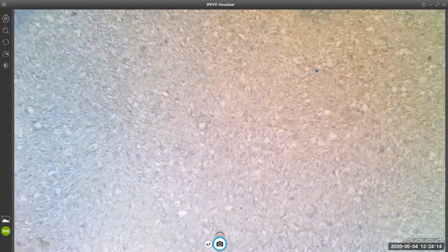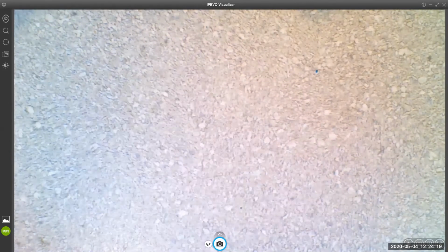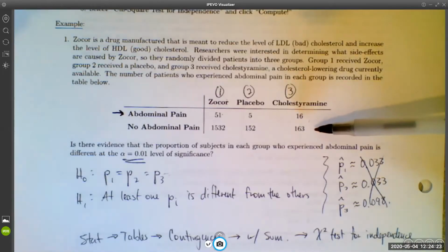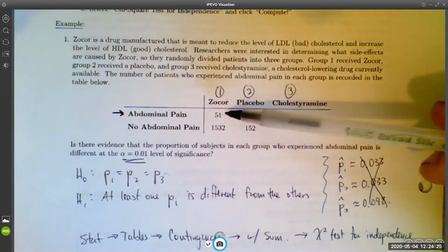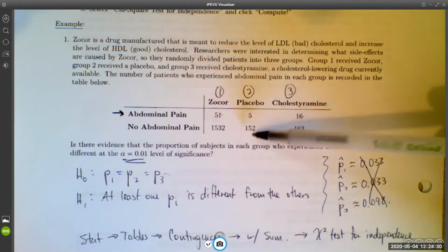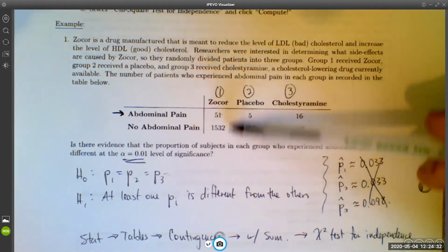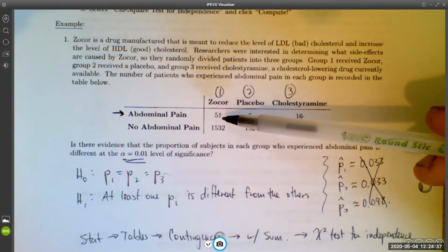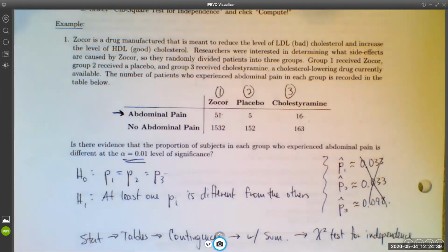So kind of like when we looked at the row percentages and column percentages, like on this problem right here, if they asked you to construct a conditional distribution, all you would do is change all these numbers to percentages. And the percentages should be column percentages. So you can even use StatCrunch to do it, right? So that's what they mean by that, okay? And that does it for 12.2.